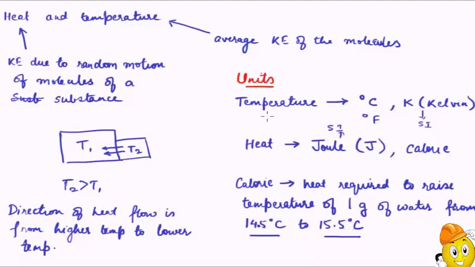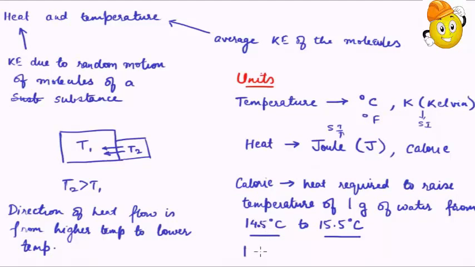We know that the joule is the SI unit of heat. So what is the relation between calorie and joule? Let me write it down. 1 calorie is 4.186 joule, or approximately equal to 4.2 joule.